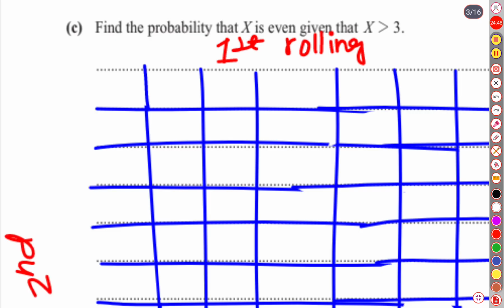Second rolling, or second dice, whatever you tell.